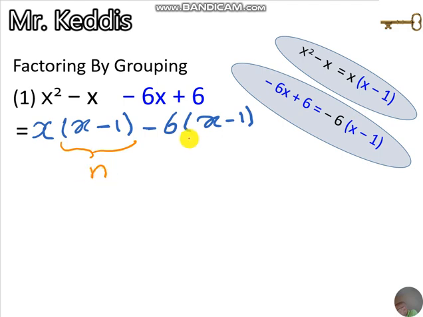I write equal under equal. Instead of x times x minus 1, I'm going to write x times n. Minus under minus, and here 6 times n.